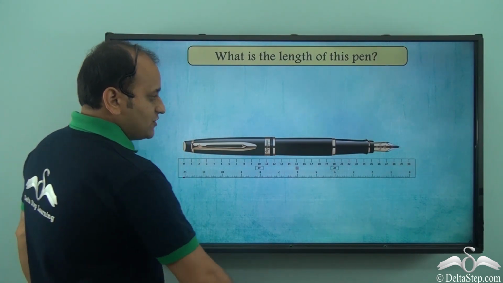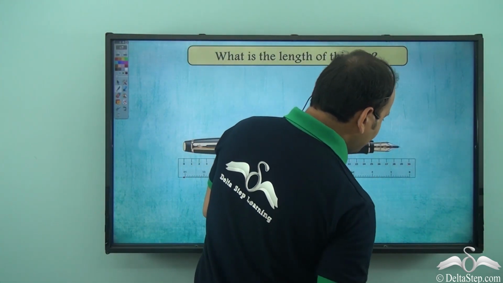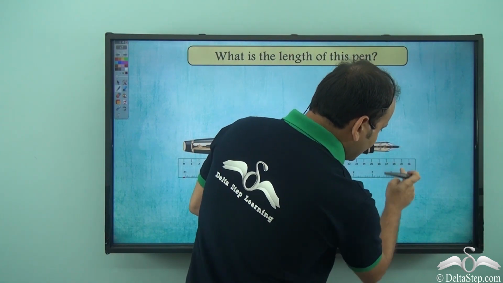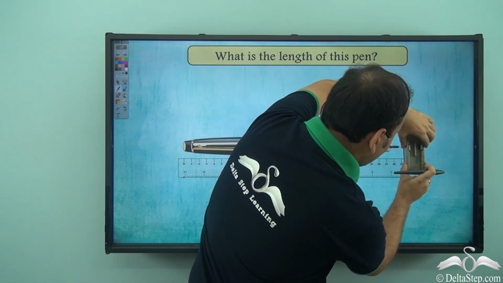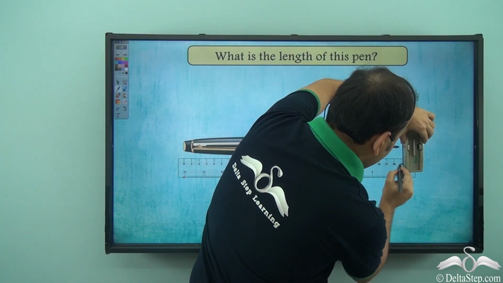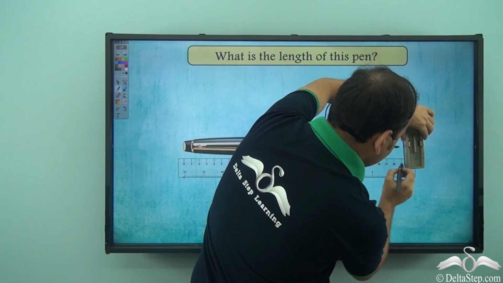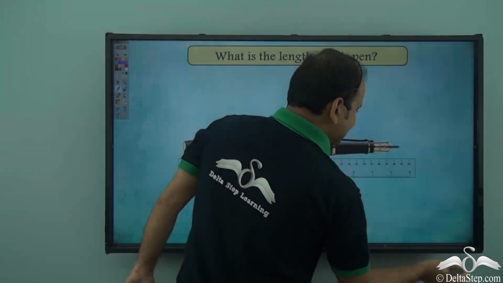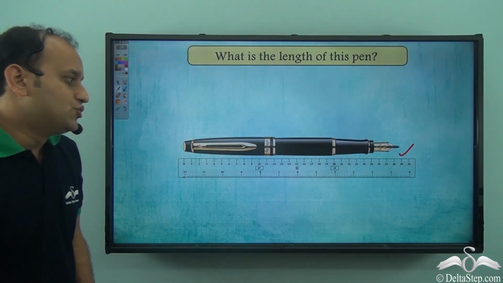Now we move to the other end. Again on the other end, you have to make sure that you are taking the correct reading. So I take this object here and match this edge with the division, and what do I get? This exactly matches the 29th division on the ruler.